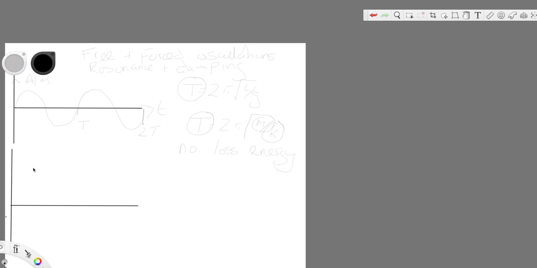If you were to do it in air rather than a vacuum, this pendulum, this mass on a spring, then there would be some loss of energy, which would be shown by a loss of amplitude.